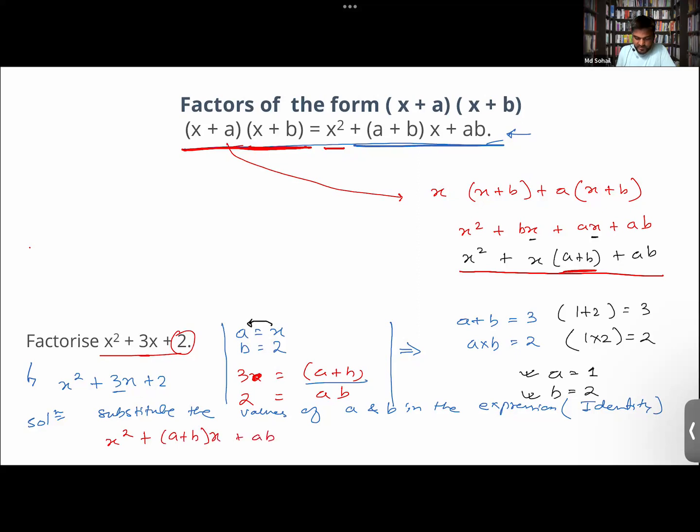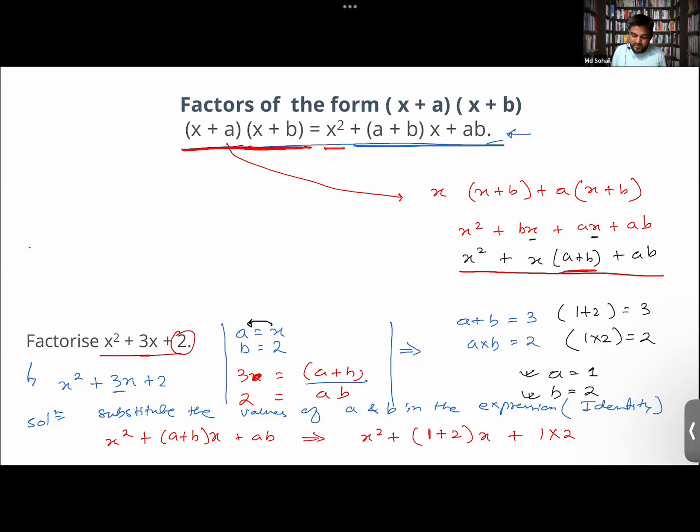Now put the values in it. So it is going to be x square plus (1 plus 2) into x plus a into b, that is 1 into 2, right? Here x is not a. Don't think of it interchangeably.